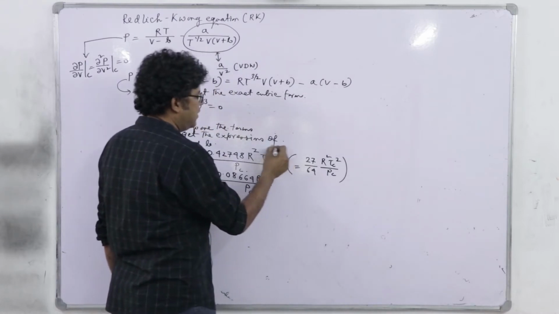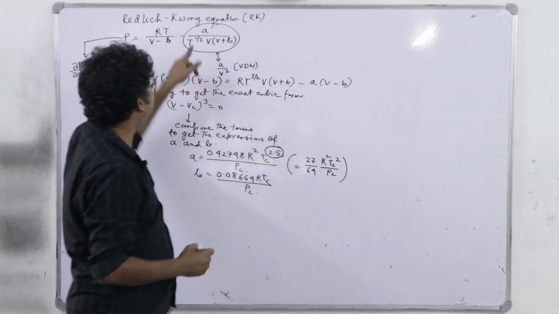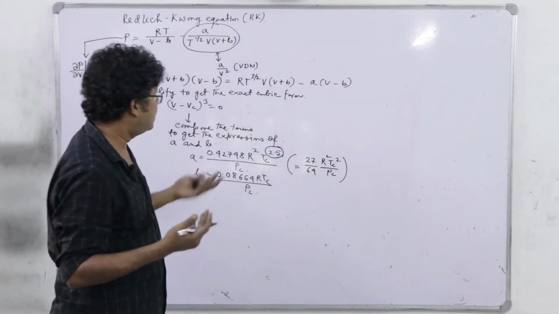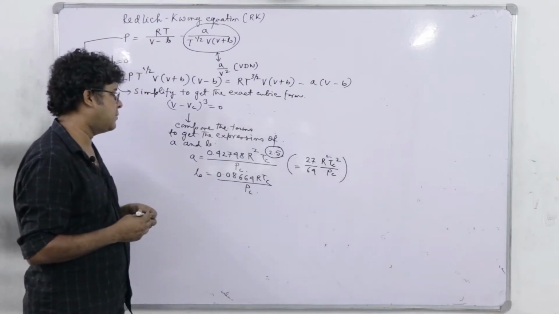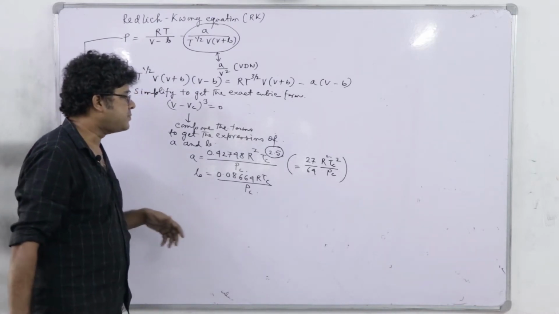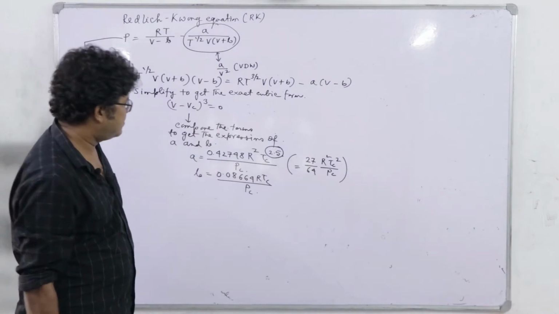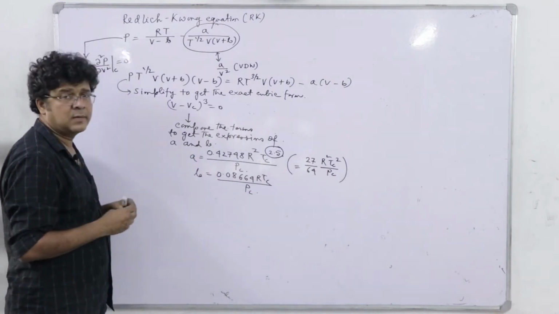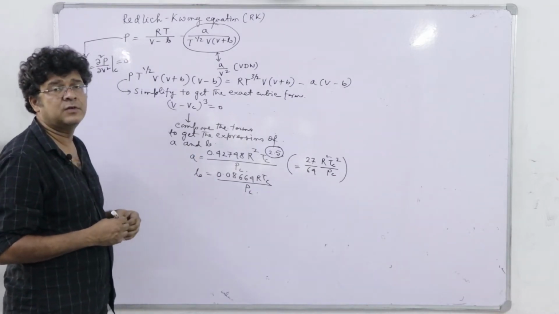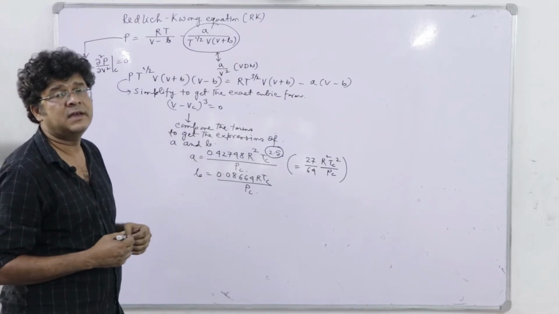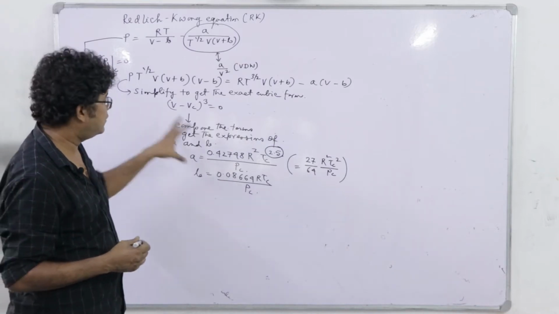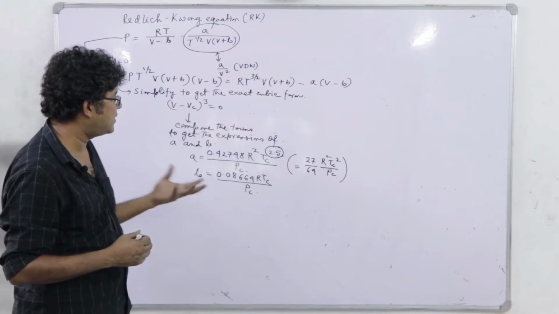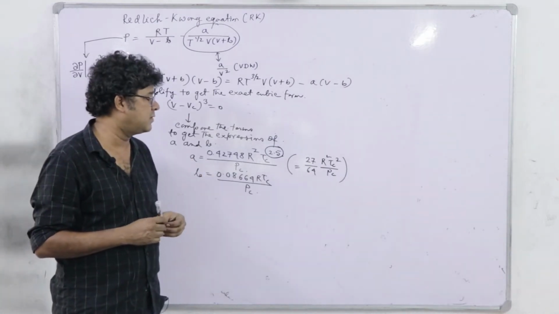This additional 0.5 is coming because of the T to the power half. So, it is a simple outcome of algebra. Redlich-Kwong is a good equation. Still today it is being used for methane and natural gas. For light hydrocarbons, it gives a very good prediction.